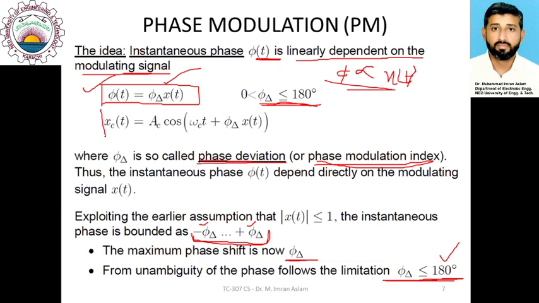Therefore, the overall modulated signal would be represented like this: x(t) = Ac cos(omega_c t + phi_delta x(t)), with a constant carrier frequency. So this is the mathematical form of the phase modulated signal. You can see that the phase is dependent on x(t), which is the message signal.